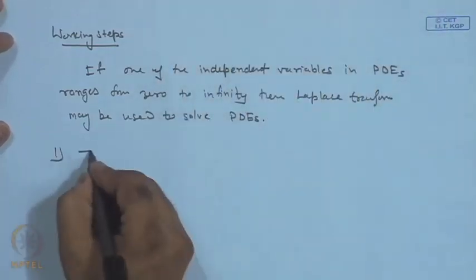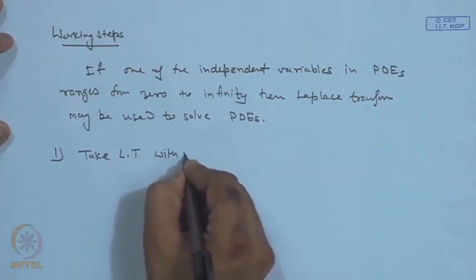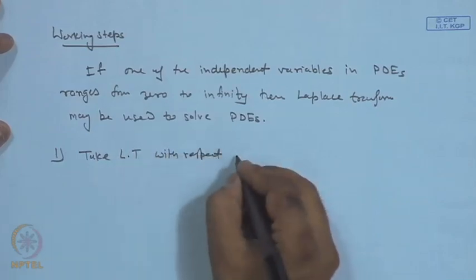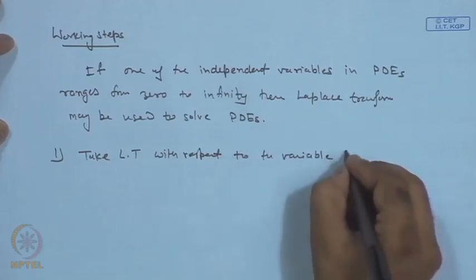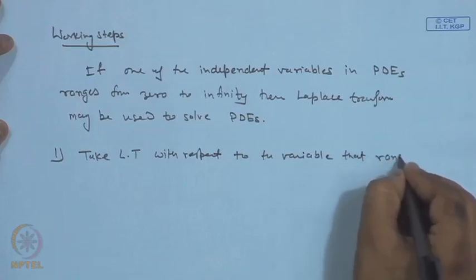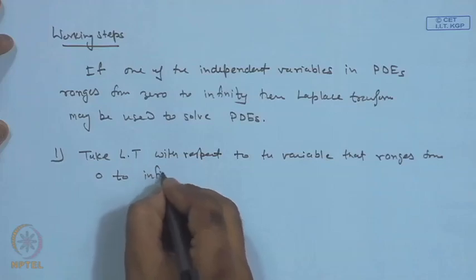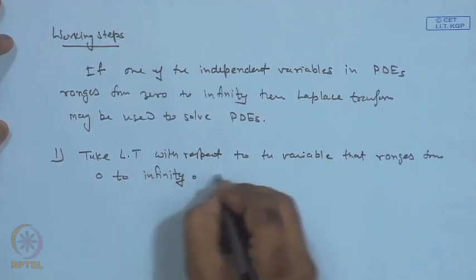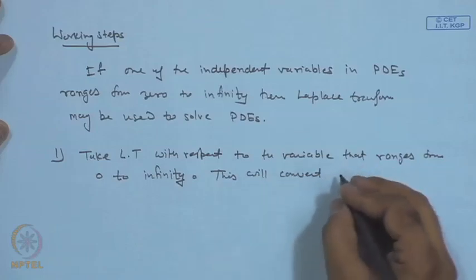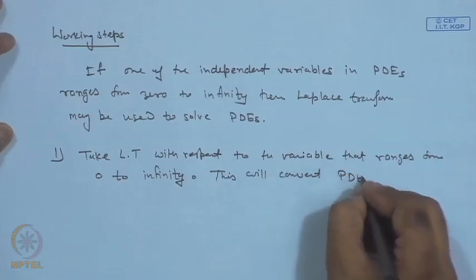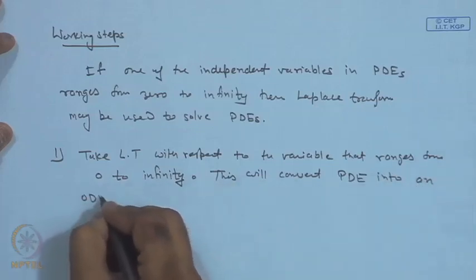So, the steps are again the same. We take the Laplace transform with respect to the variable that ranges from 0 to infinity, and this will convert the PDE into an ordinary differential equation.